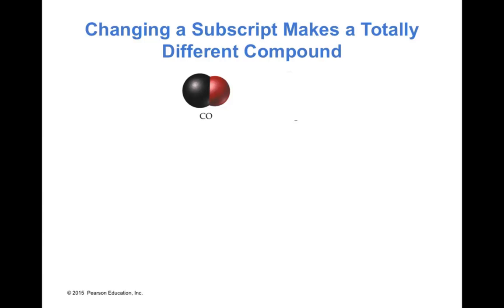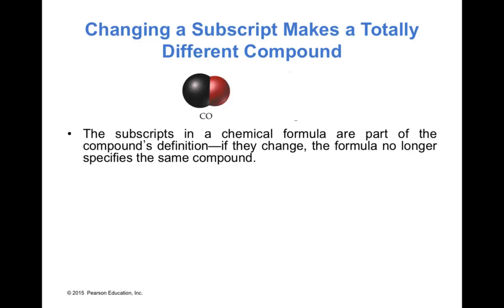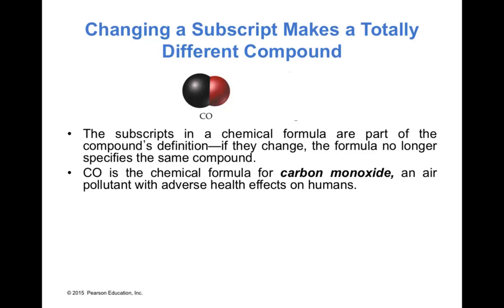Here we have carbon monoxide. The subscripts in a chemical formula are part of the compound's definition. If they change, the formula no longer specifies the same compound. We will have a different compound. So CO, both capital, is the chemical formula for carbon monoxide, an air pollutant with adverse health effects on humans.